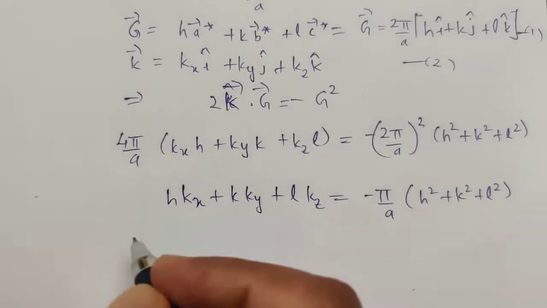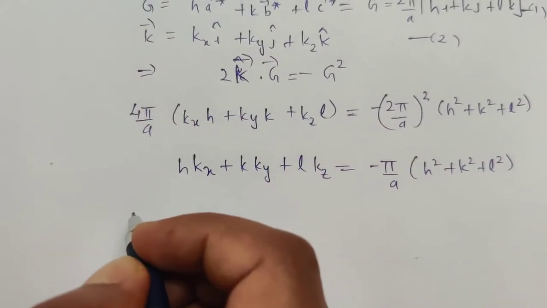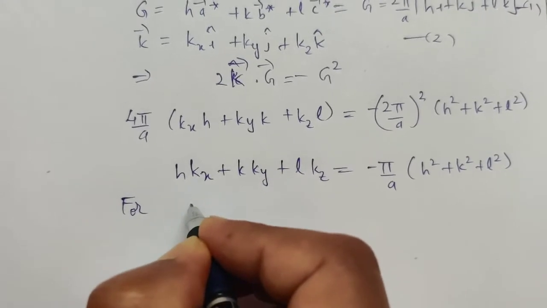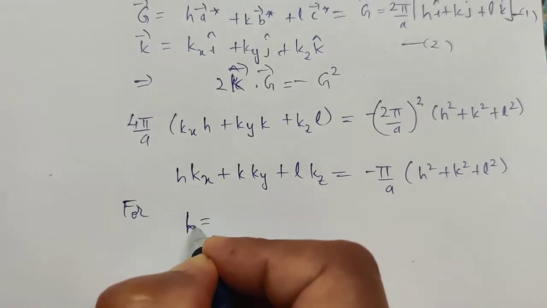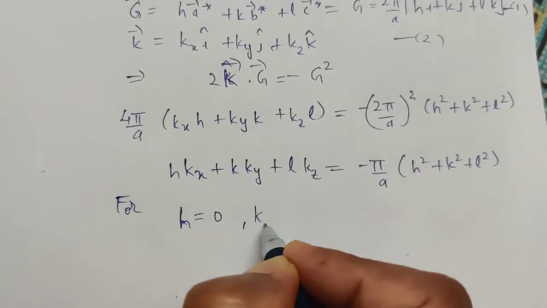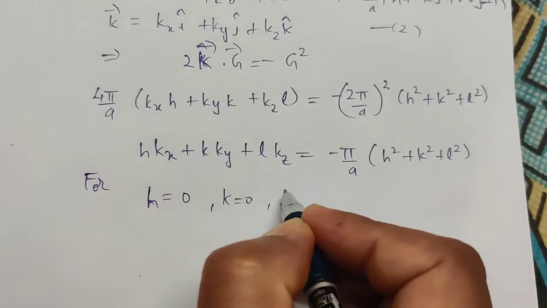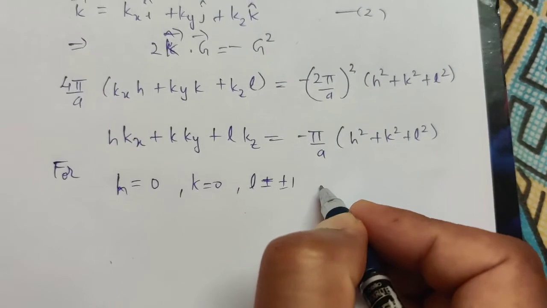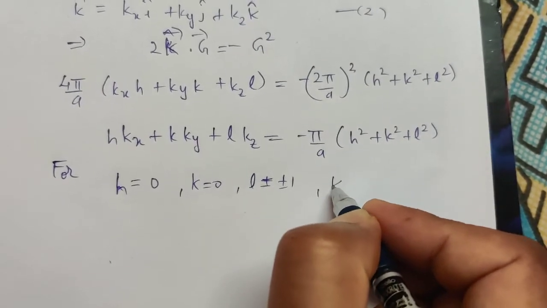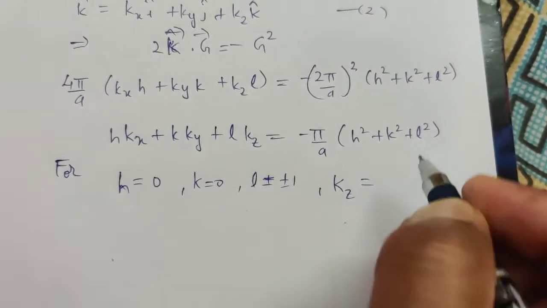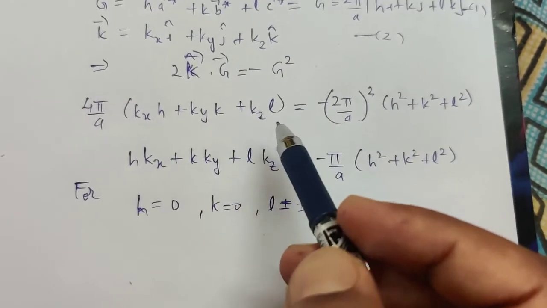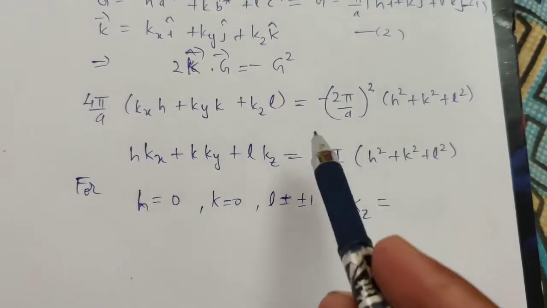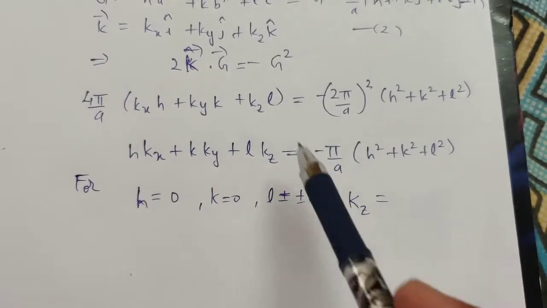So now by a similar method I will put the conditions for h equal to 0, k equal to 0, l equal to plus minus 1. We will have your kz, putting into this equation. h will be 0, k will be 0, and l is equal to plus minus 1.